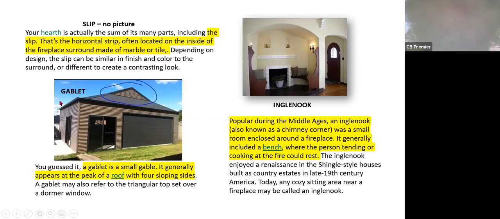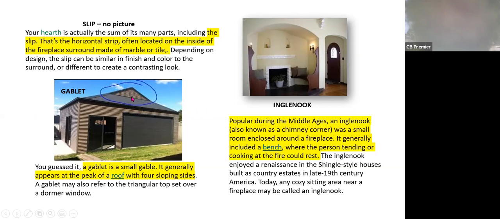And here's a gablet. We see these on so many homes, all the time. I did not know this. Who knew this was a gablet? You see it on all styles of homes. Here, it's like a garage, a commercial building.